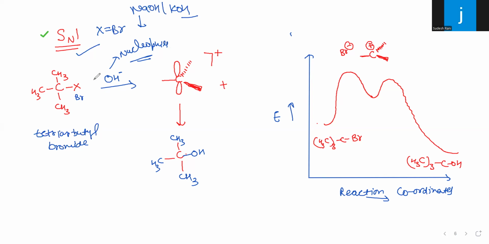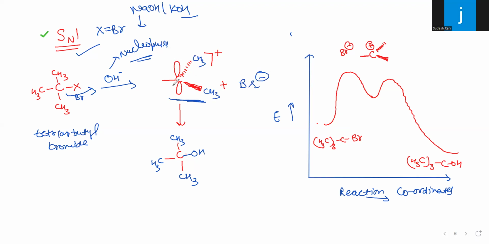As we have discussed in a previous lecture, OH negative is nucleophile. It will attack on this substrate. But how? First of all, this leaving group will be expelled from here. Thus, there will be formation of carbocation. Carbocation here is formed.